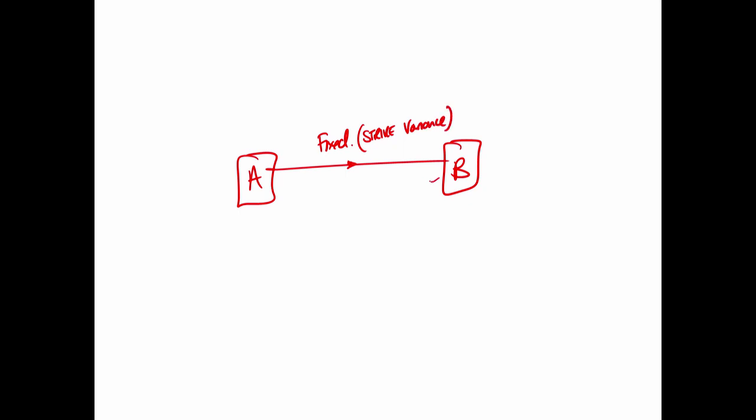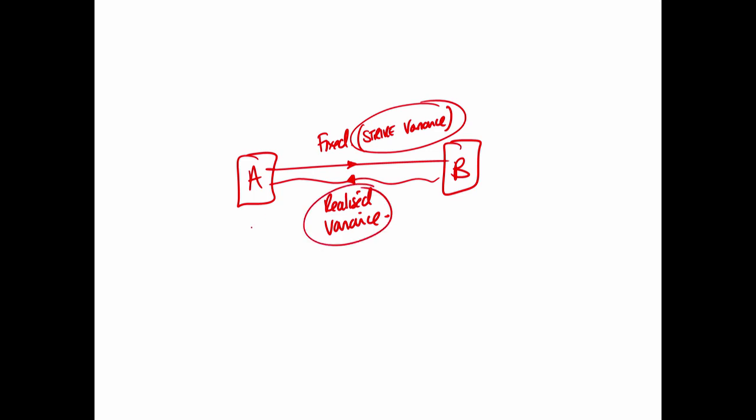And what they're going to receive back is, well, there are no payments along the way, but at the end, they will get paid something based on realized variance. There are no periodic payments here. They tend to settle up at the end, these swaps. The strike variance is known in advance, but the realized variance is not known until we get to the end of the contract.